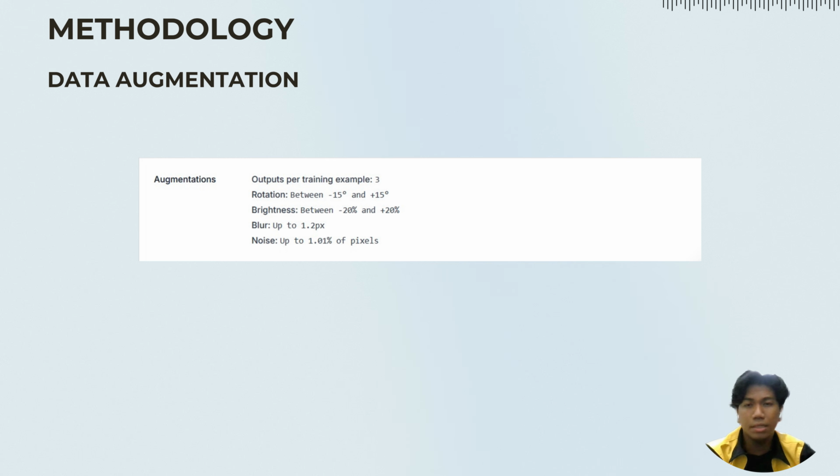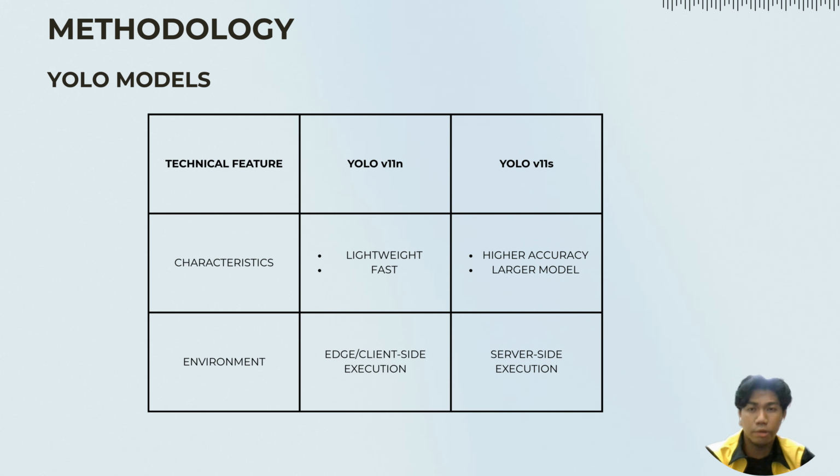Second, we change the brightness by plus or minus 20% to mimic harsh sunlight or dark rooms. Finally, we added a small amount of blur and digital noise. This is a very important step because it trains the model to work well even if the user has a cheap, low quality webcam.